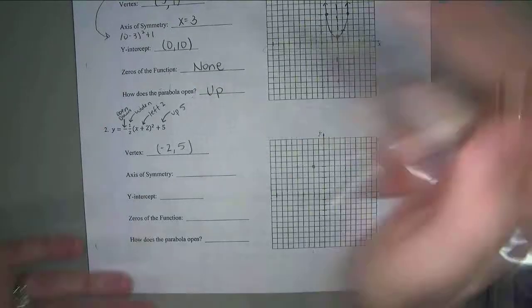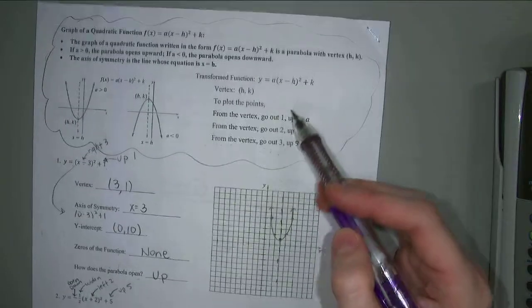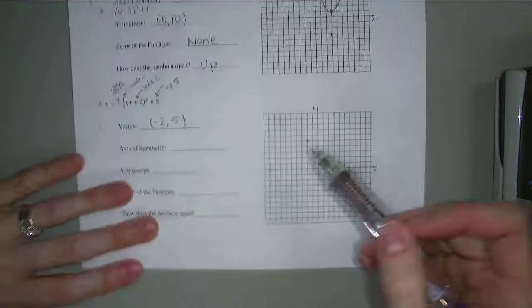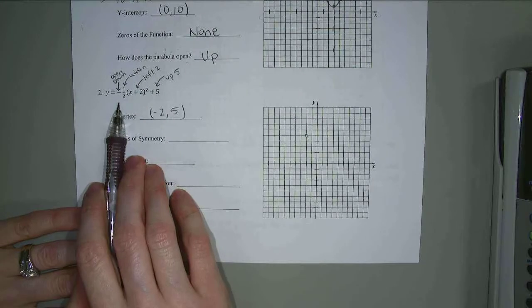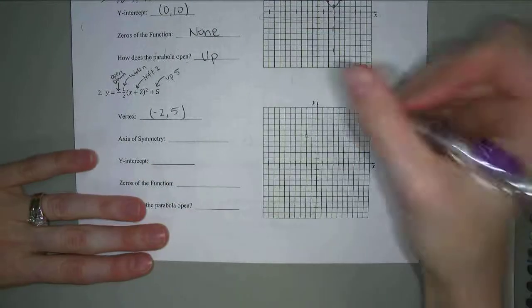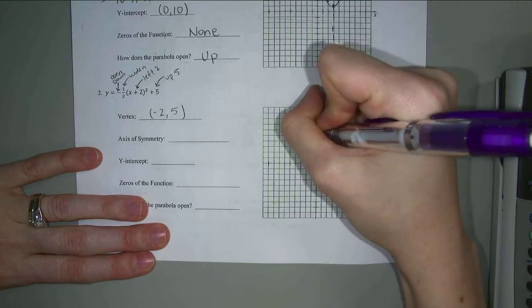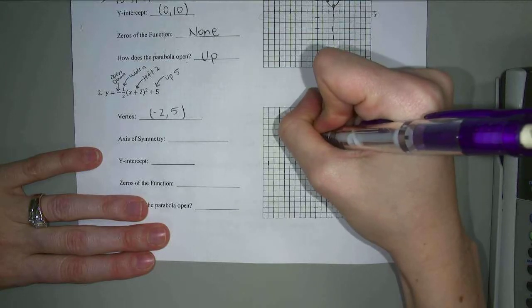So how do we do our other points? Remember this rule way up here. You're going to go out 1, up 1 times A. Well, we're going to go out 1, down 1/2, because 1/2 times 1 is just 1/2. So we're going to go over 1, down 1/2, over 1, down 1/2.